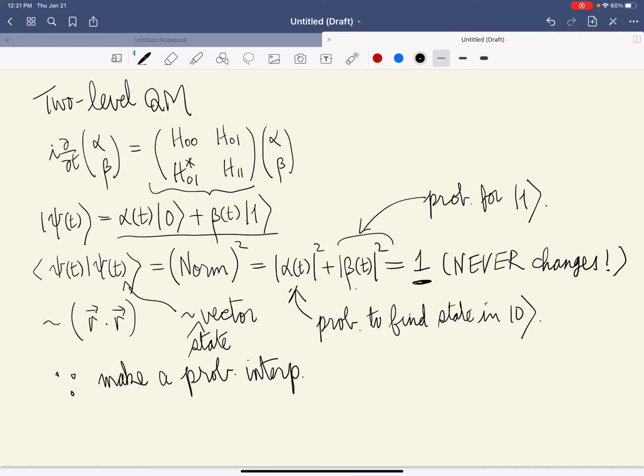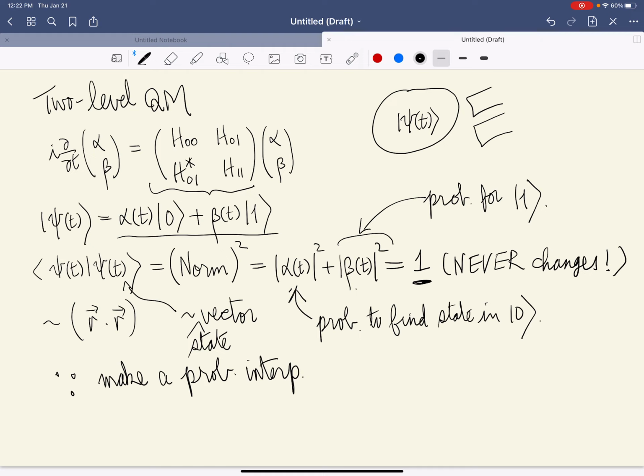Okay, so what exactly do we mean by the probability to find something in some basis state? Well, okay, so here is where the idea of a measurement has to come into play. Okay, so this is some schematic drawing of a two-level quantum world, which is being described by this wave function psi, and then you apply to it some sort of measurement.